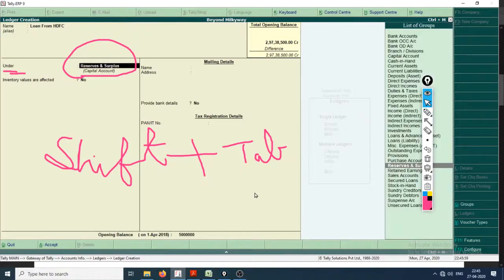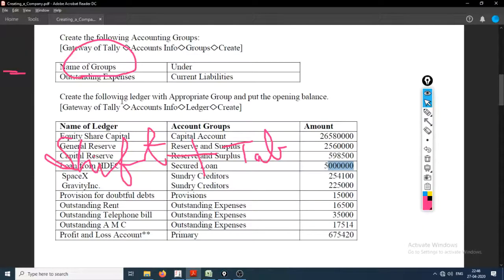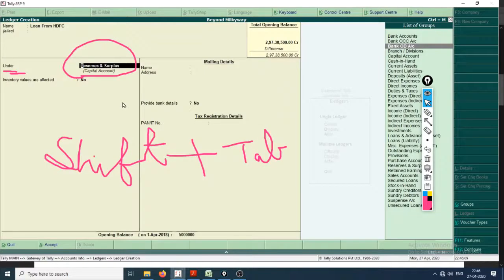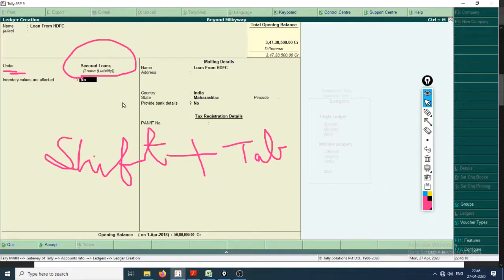Reserves and surplus, which account should it go into? Bank OD. It should go into secured loan account. Okay, sir, is there a head named secured loans? Yes, there is.